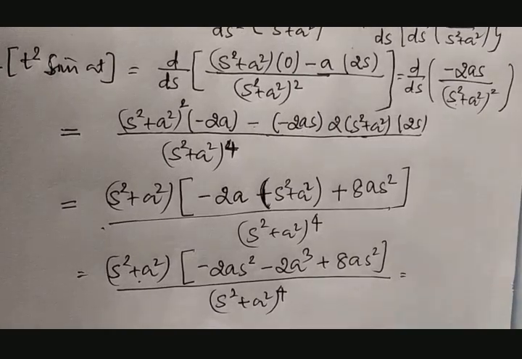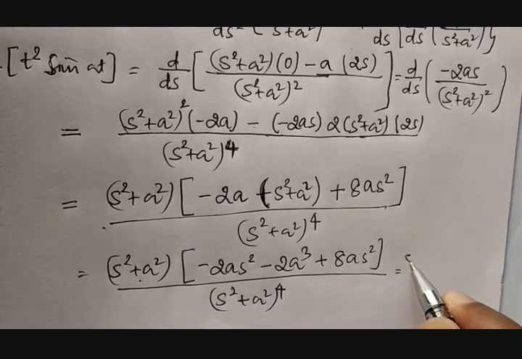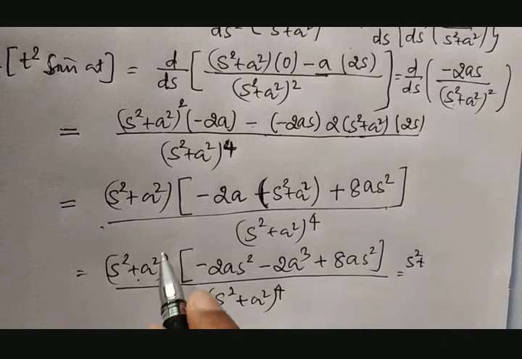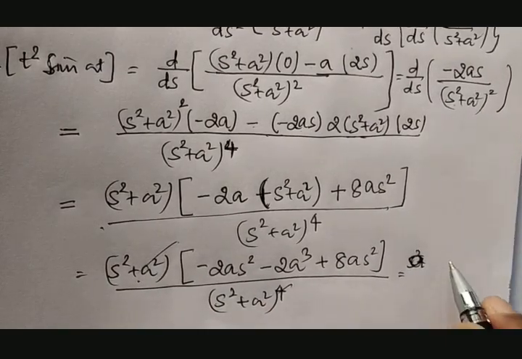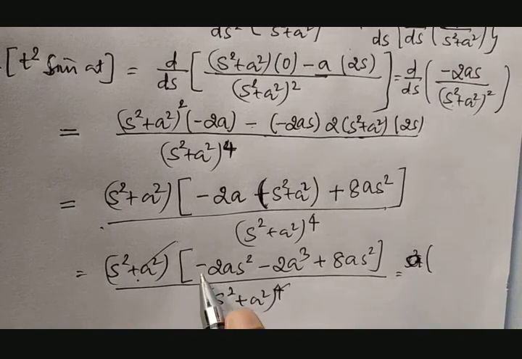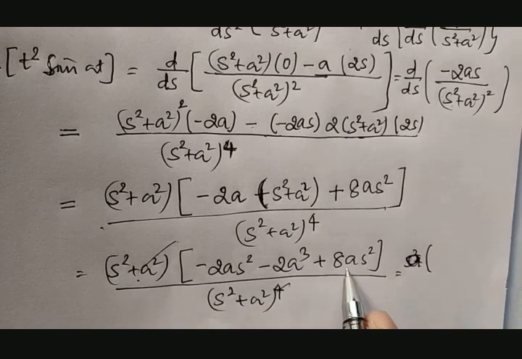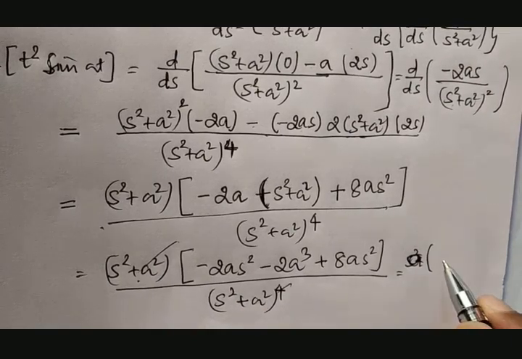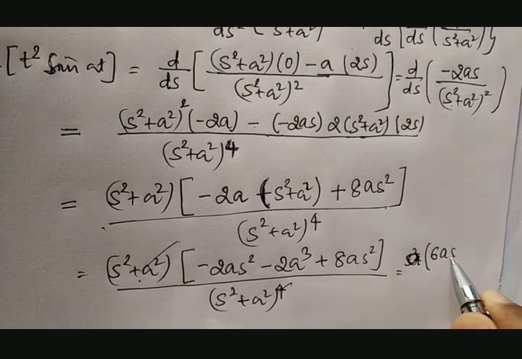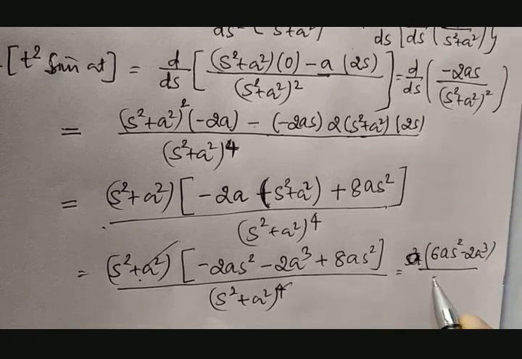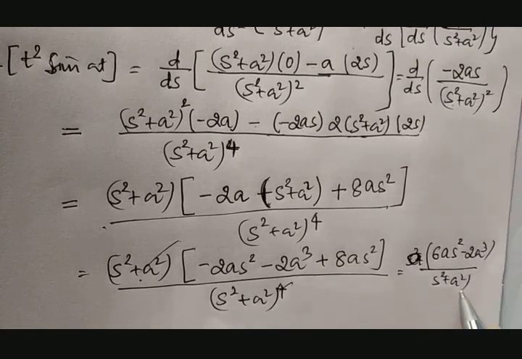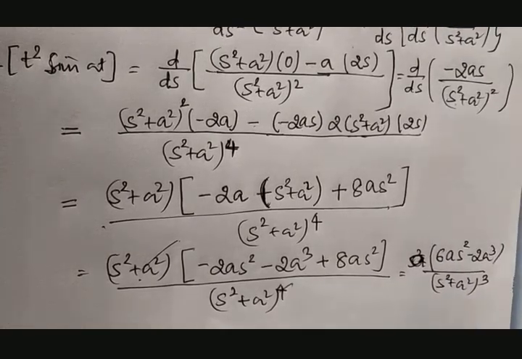One factor of s square plus a square cancels, so in the numerator we get 6a s square minus 2a cube, divided by s square plus a square the cube.